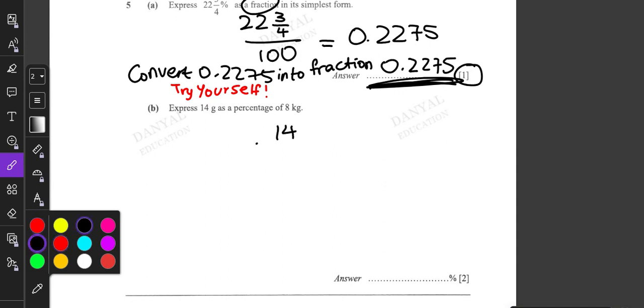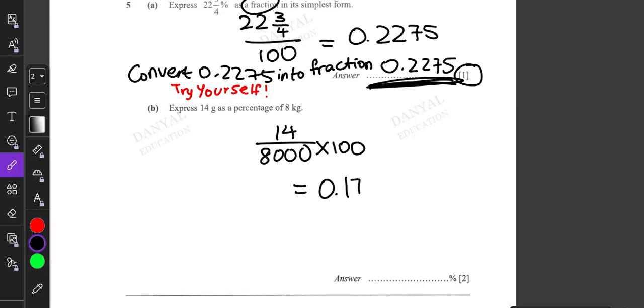Next one will be express 14 gram as a percentage of 8 kg. This is simple. 14 over 8 kg is 8,000 gram times 100. Alright, 14 over 8,000 times 100, you will get a grand total of 0.175.